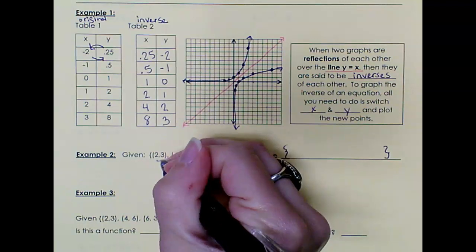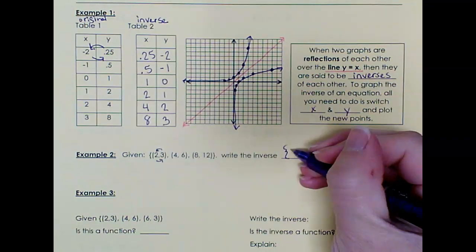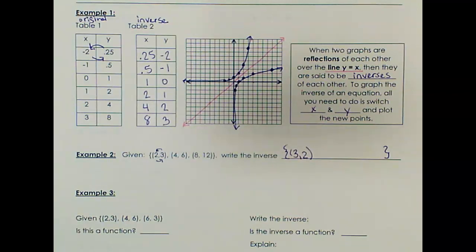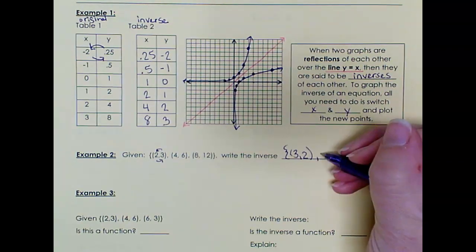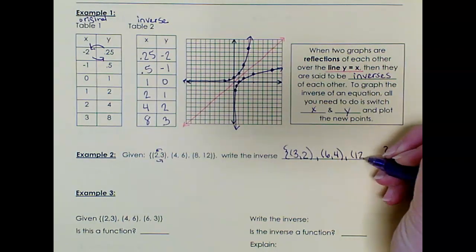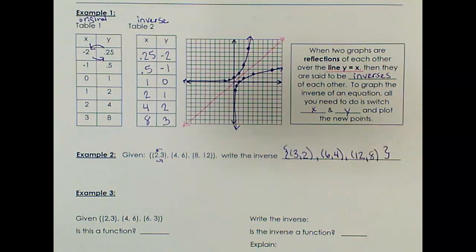Well, I would switch x and y. So this would be (3, 2). That's the first inverted point that I have. Go ahead and write the other 2 points for the inverse. Check yours with mine. All we've done is we've taken the x and y values and we've switched them.